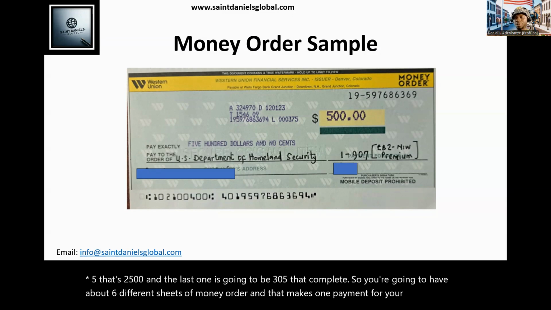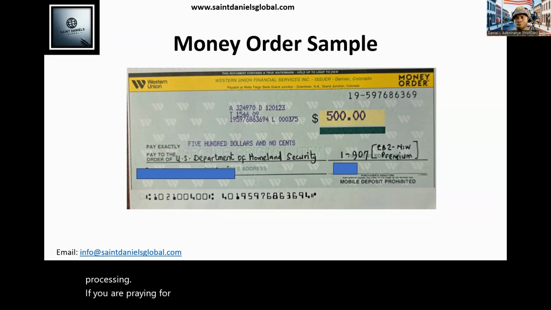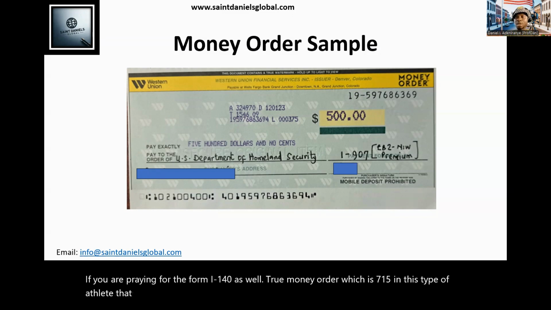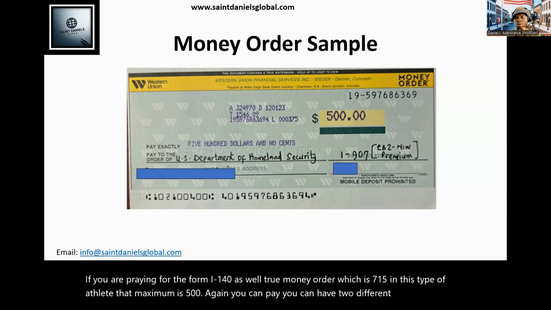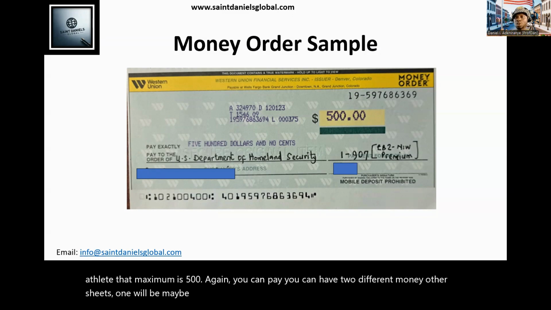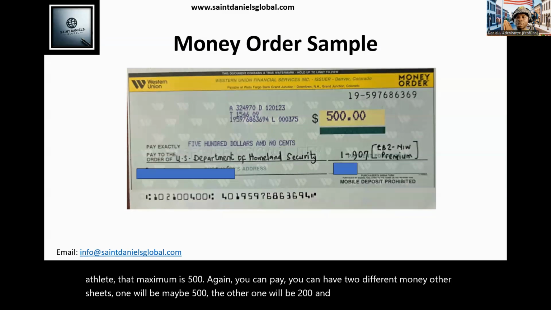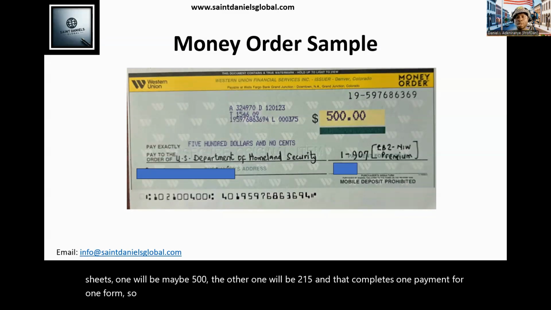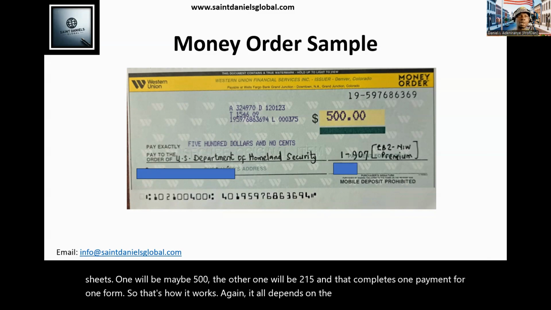If you are paying for the Form I-140 as well, through money order, which is 715, in this type of outlet the maximum is 500. Again, you can have 2 different money order sheets. One will be maybe 500, the other one will be 215. Then that completes one payment for one form. So that's how it works. Again, it all depends on the outlets you get your money order from.